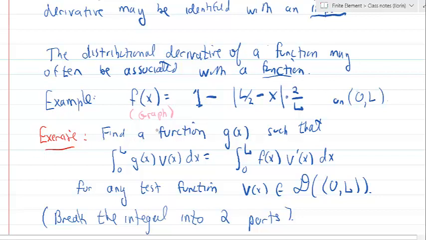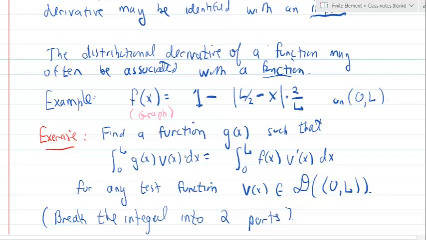Exercise. Find a function g of x such that the integral from 0 to L of g of x times v of x is equal to the integral from 0 to L of f of x times v prime of x dx. In other words, take this function, integrate it against the derivative of v, use integration by parts, and you will find that you can re-express this result as an integral of a function times v.